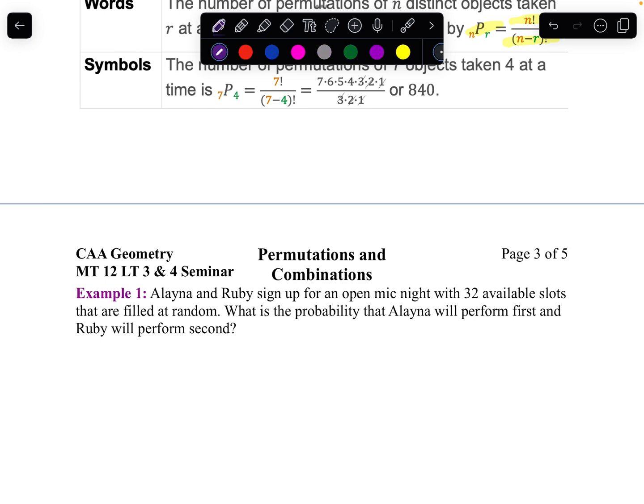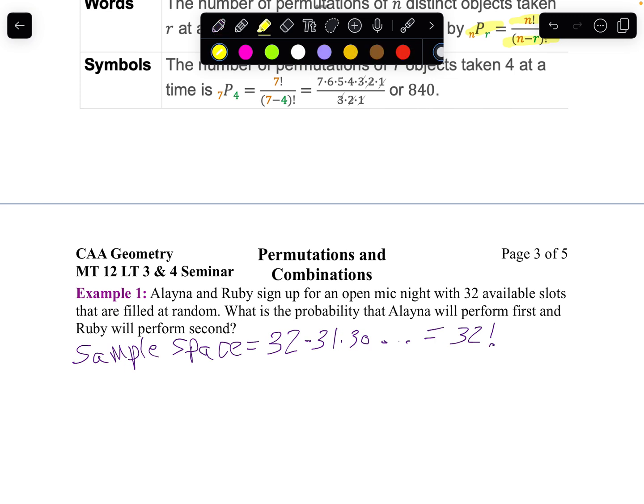So if we think here, my sample space is going to be 32 for the first slot, 31 for the second slot, 30 for the third slot, and so on. I can write that as 32 factorial. Now, that's going to be a huge number, isn't it? Because 32 times 31 times 30 is going to be a big number. I'm going to leave that as 32 factorial for now, although I could probably go to my calculator and find it.